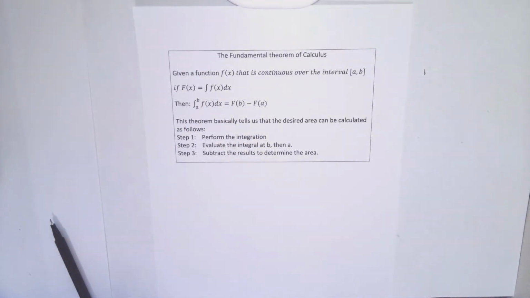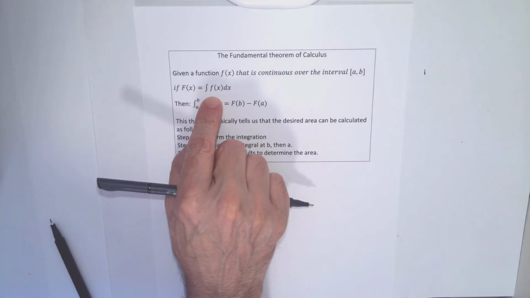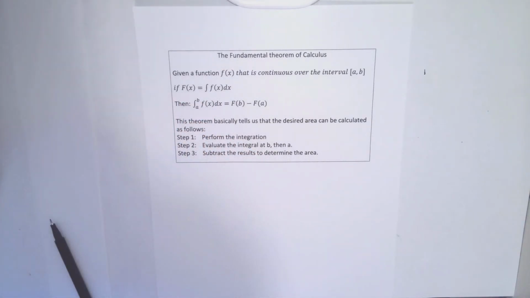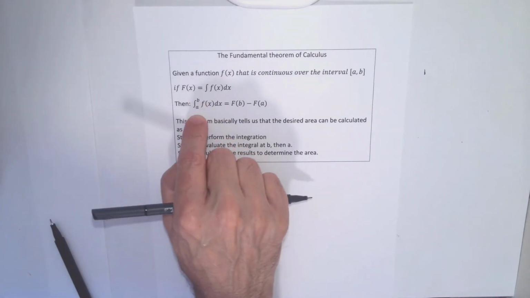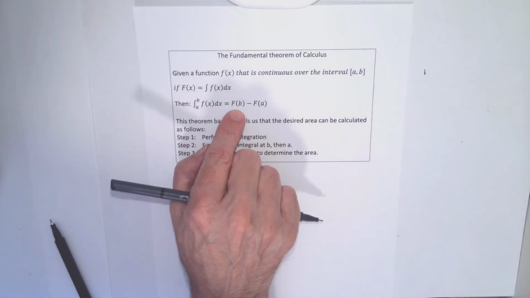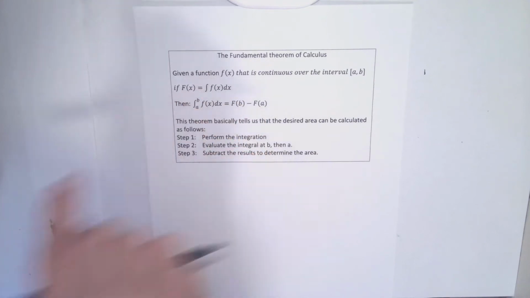The fundamental theorem of calculus basically says if I know the indefinite integral simplifies to some function, then I can calculate the area of that function between two values, a and b, if I just take the integral, plug in the far right edge, plug in the far left edge, evaluate those in the integral, and subtract.